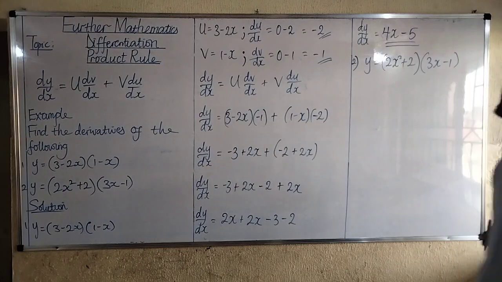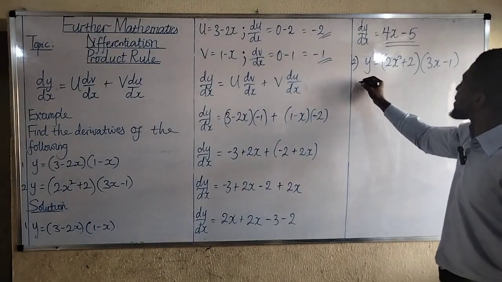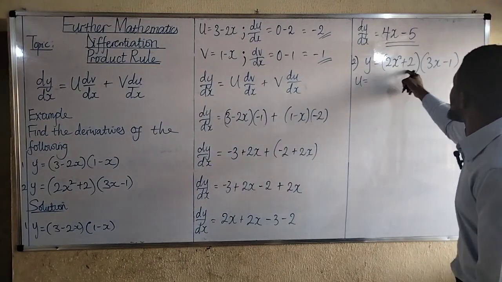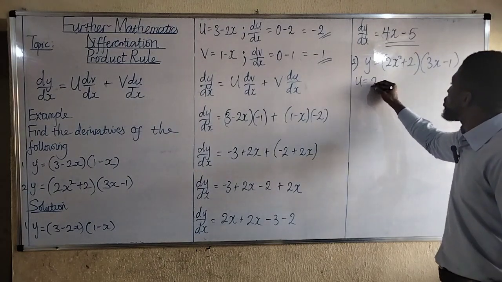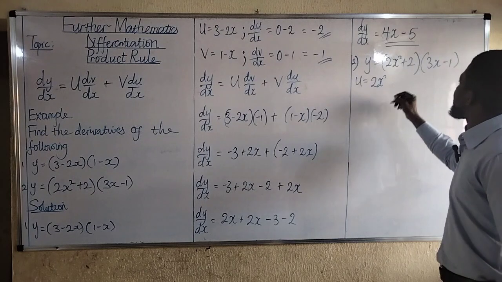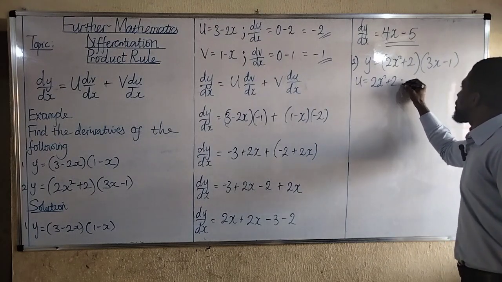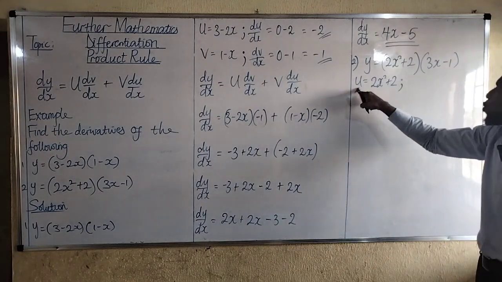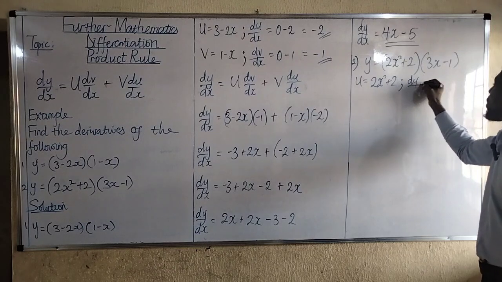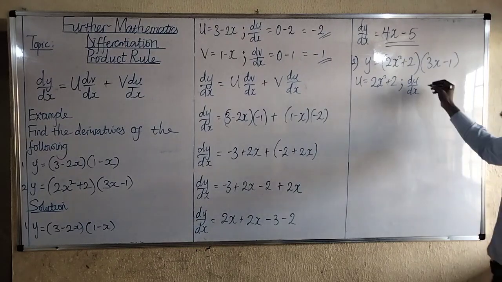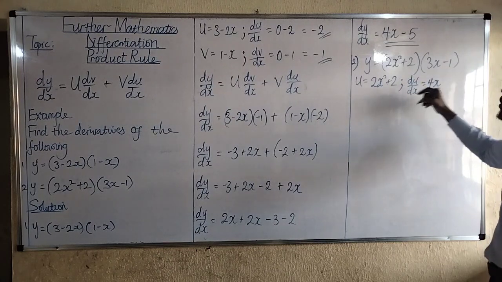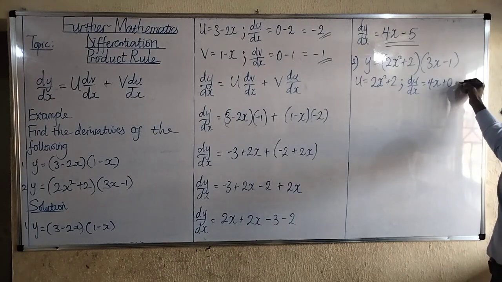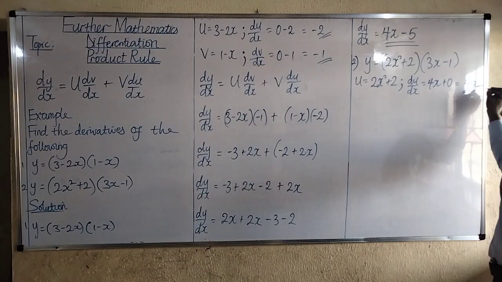Okay, let our u be everything inside the first bracket, which is 2x squared plus 2. If we differentiate u with respect to x, we have du over dx. If you differentiate this, you have 4x. If you differentiate constant, you have plus 0. So our answer here is 4x.